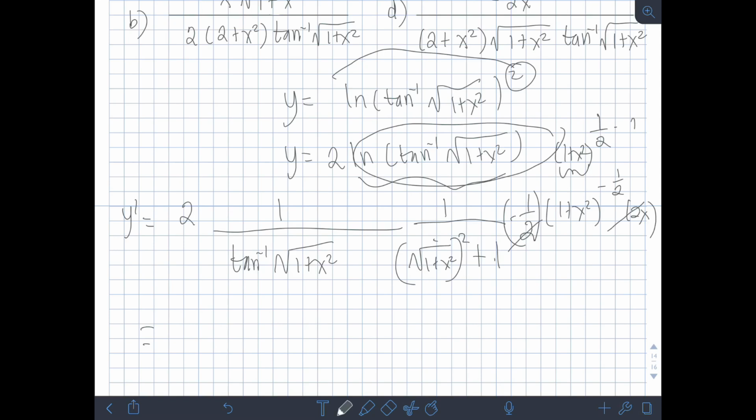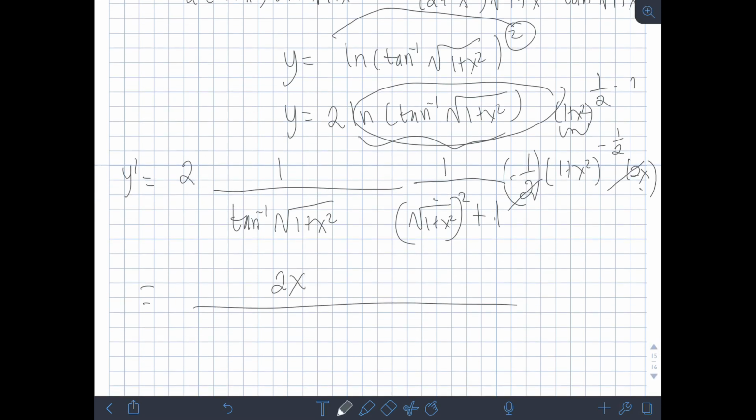Tapos, matitira dito ay x sa numerator. So, 2x over, yung mga nasa denominator, we have, etong 1 plus x squared raised to negative 1/2, nasa denominator na siya. So, parang ito muna yung square root of 1 plus x squared. Tapos, itong nasa baba, simplify natin.